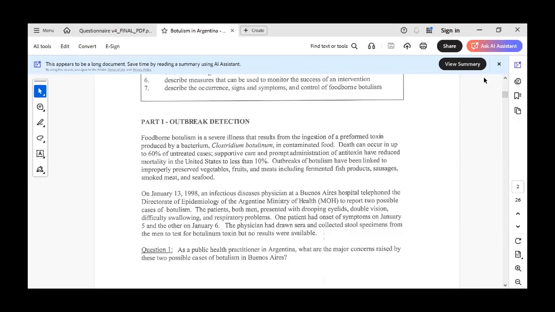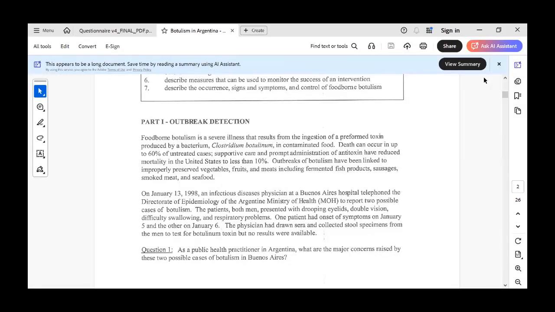Okay, so yes, the severity. And as Aliyah mentioned, you have a possible contaminated food source. You have a severe illness that can result in death. There's a possibility, therefore, that there can be illness in others.